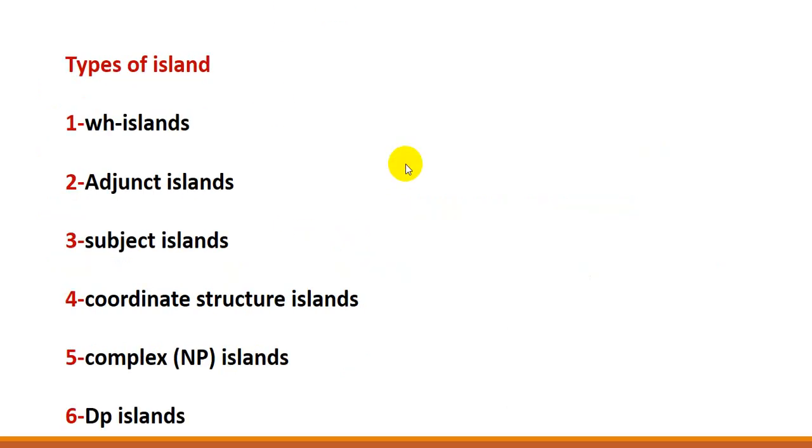Islands have types. Here we have six types.